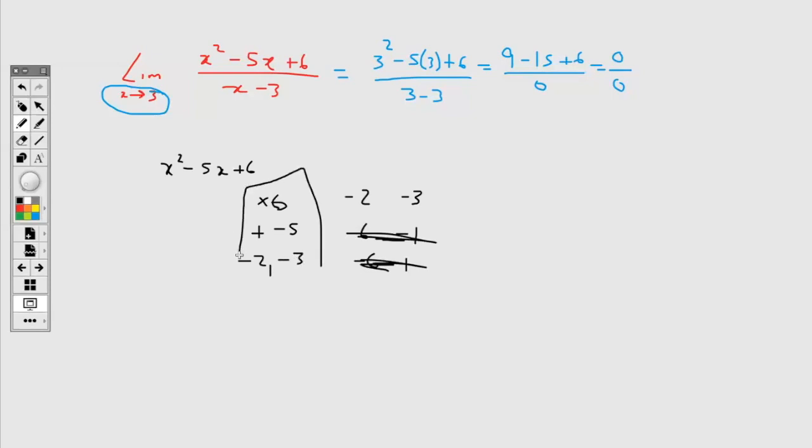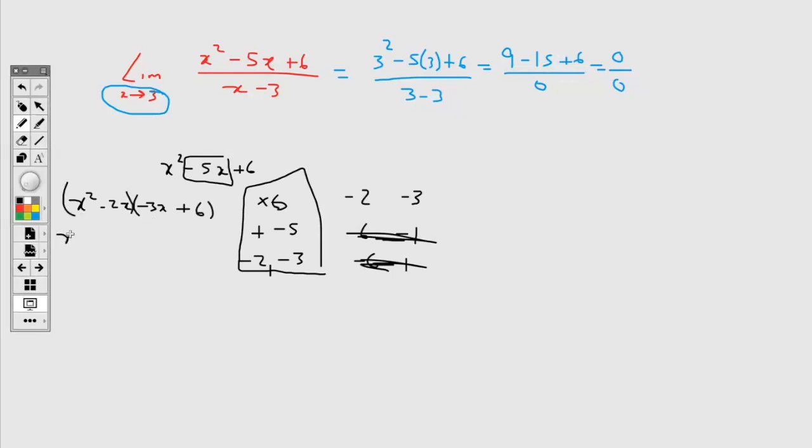Now, when we have our factors, we are going to replace the center term with the factors. So we have x squared minus 2x minus 3x plus 6. Now group. What can I factor out of the first?